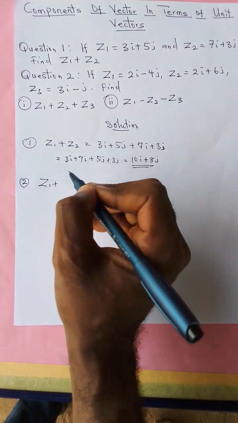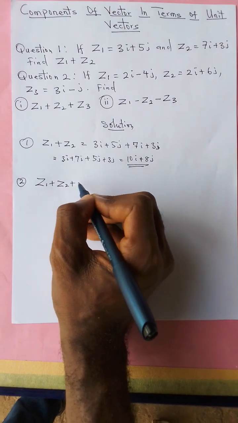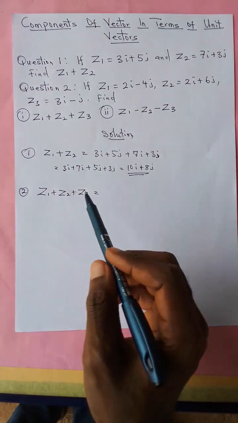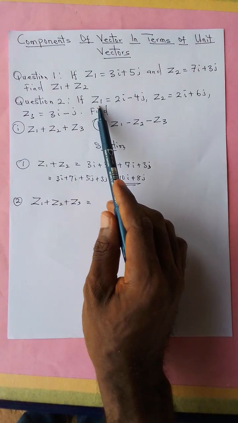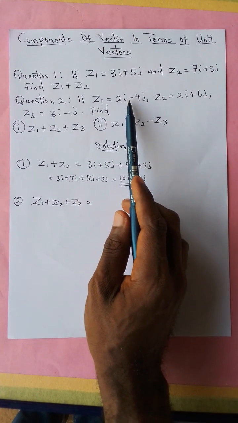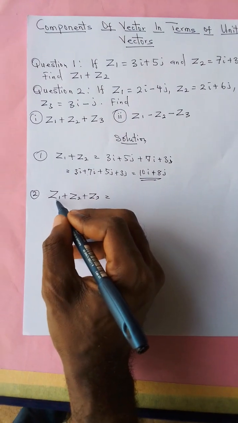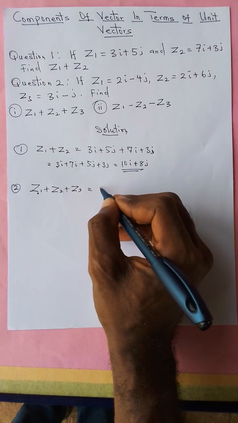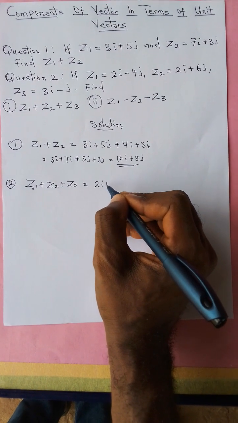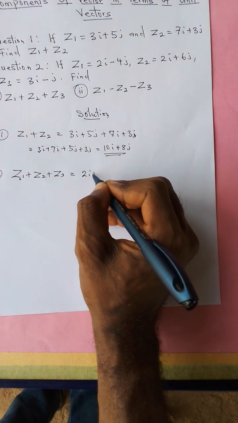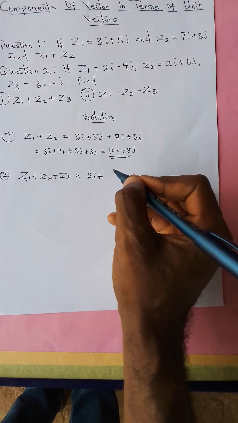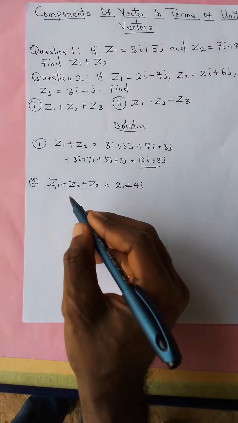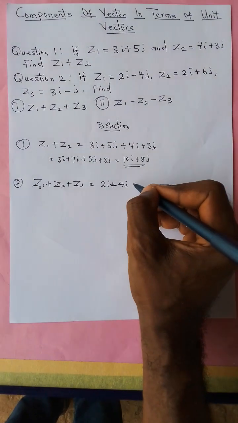Z1 plus Z2 plus Z3. So that will be equal to, now what you need to do is look at Z1. Z1 is equal to 2i minus 4j. So we plug in that value into this Z1 here. So that will be 2i minus 4j.